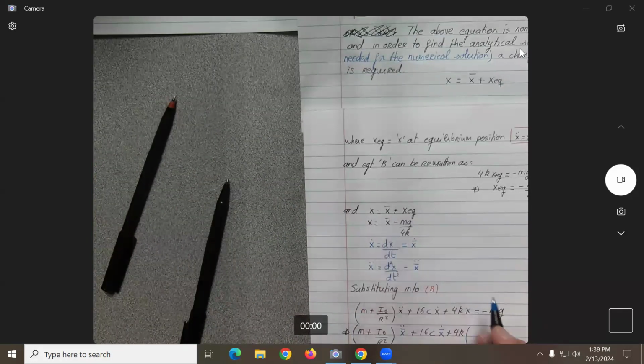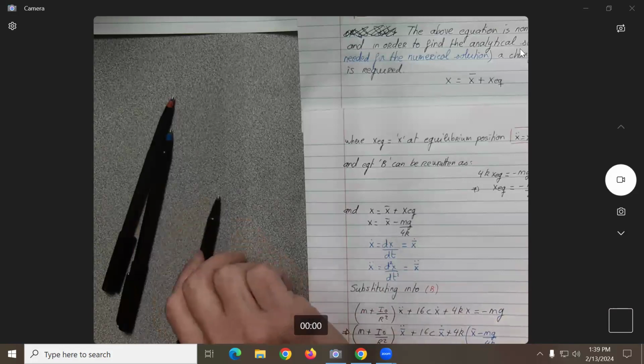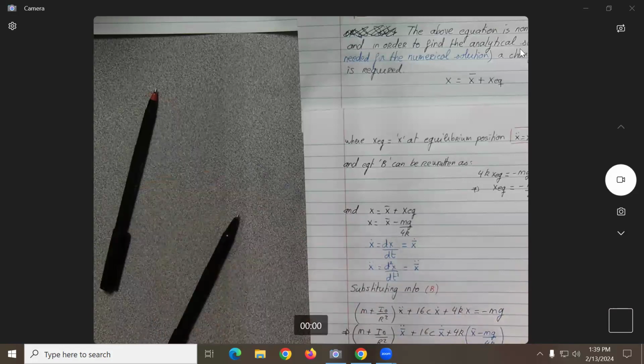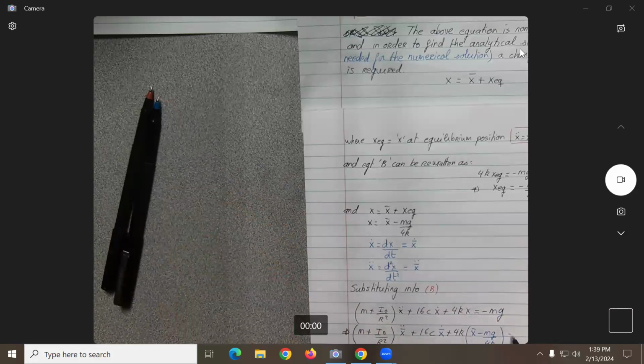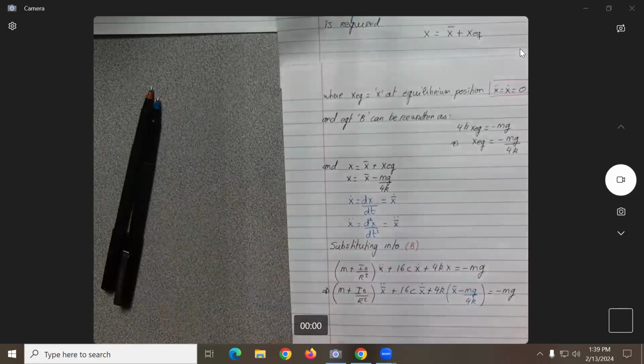X bar minus mg over k. And this will be equal to what? Minus mg.